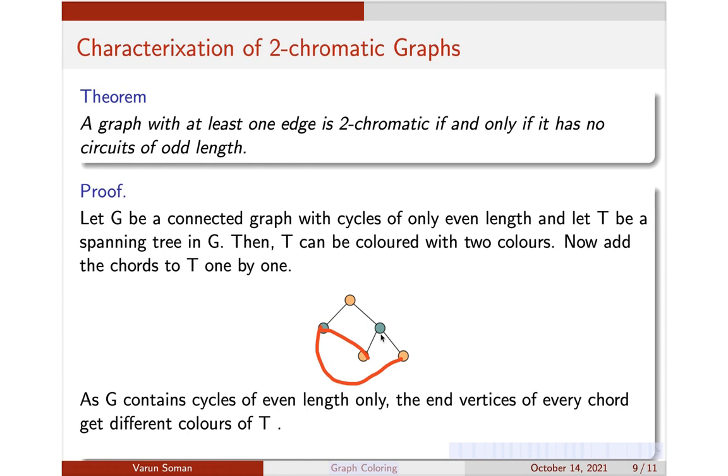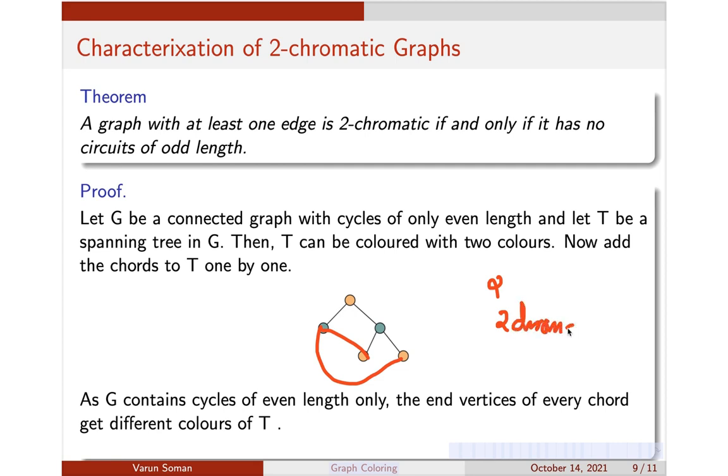Basically, since there are no odd cycles in this graph, the chords will only be between vertices of different colors. In that case, the coloring of T can actually be extended to the coloring of G, and since T is colored using two colors, this graph is two chromatic.